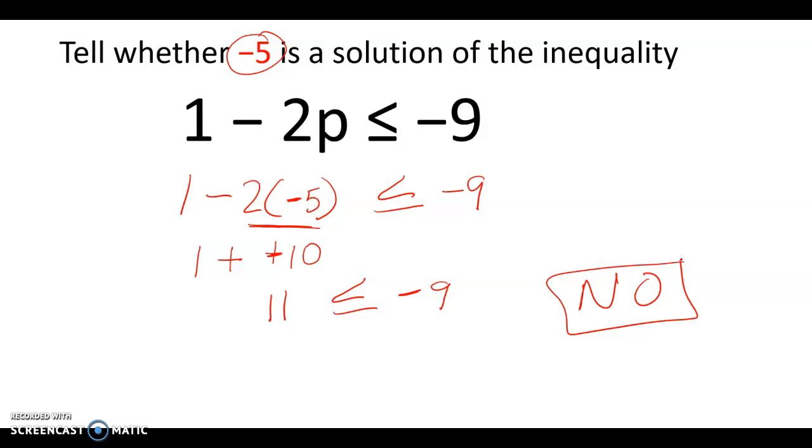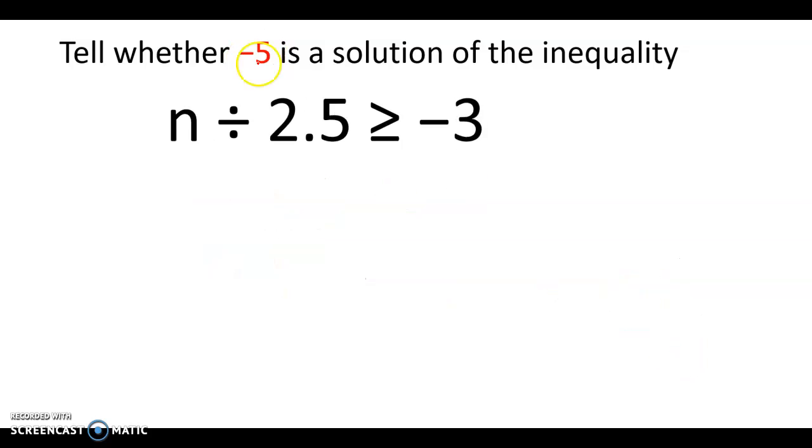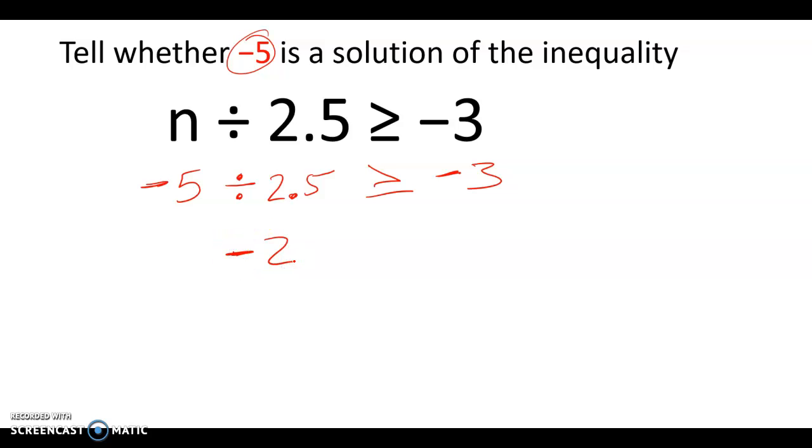Okay, and the last one. We're going to plug a negative 5 in here. So negative 5 divided by 2.5. Is that greater than or equal to negative 3? What is negative 5 divided by 2.5? If you do that on a calculator, you should get negative 2.